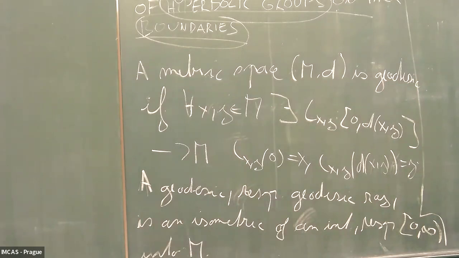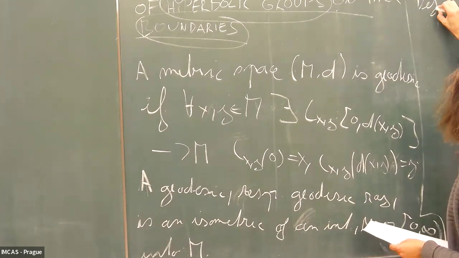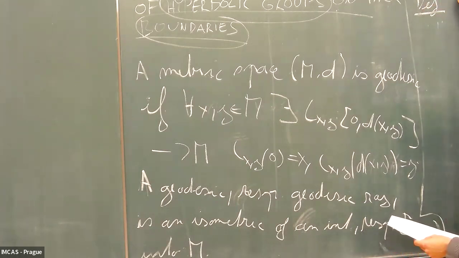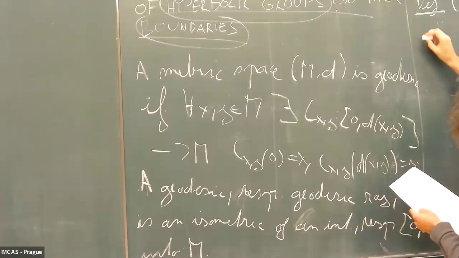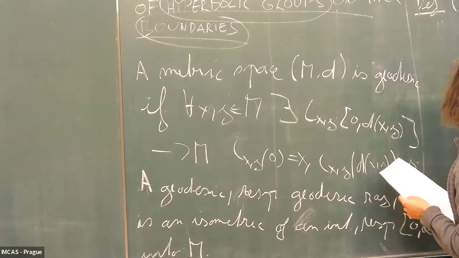Now we'll start with the main definition of this course: hyperbolic metric spaces. A metric space M is delta hyperbolic. We assume that it is geodesic.